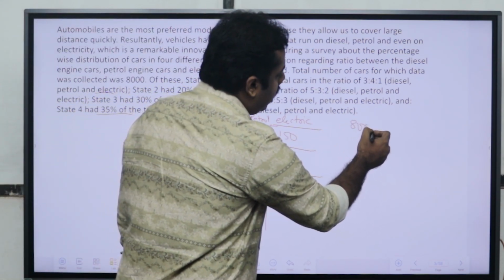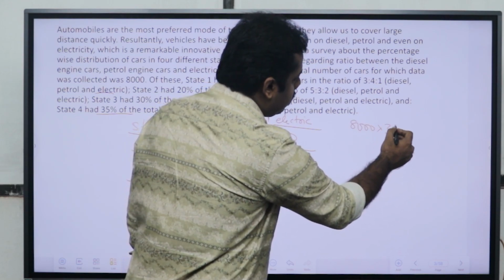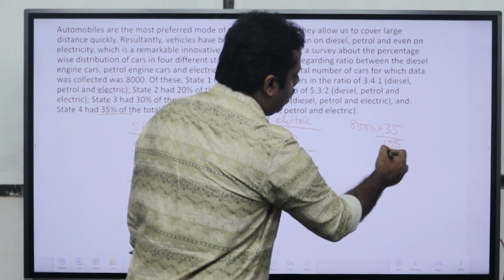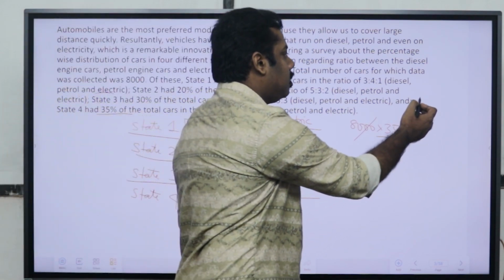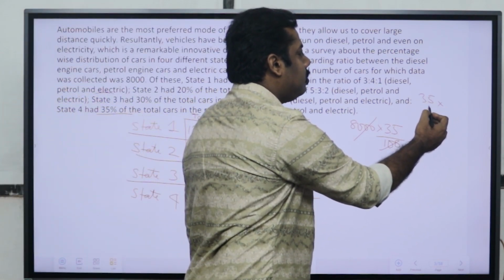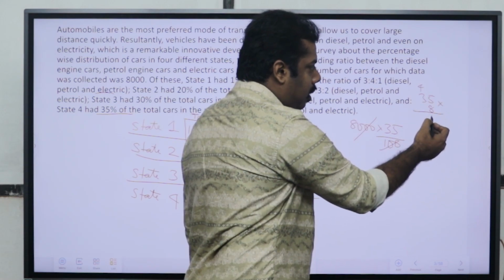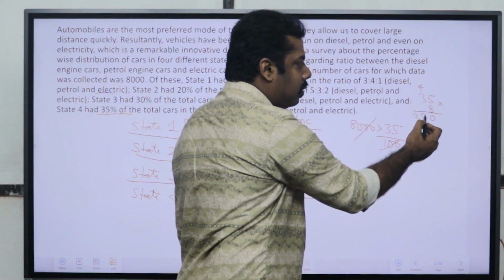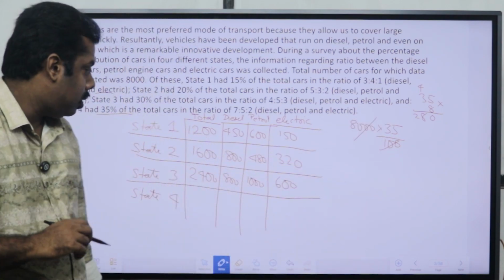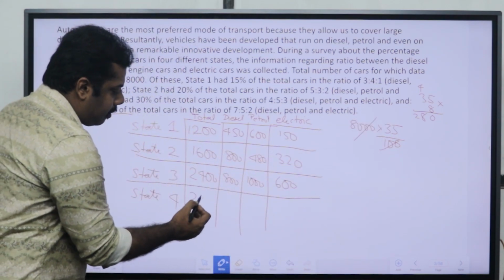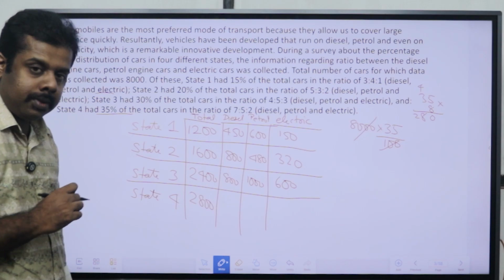And 35% of 8,000 is what? Cancelling out the 100, 35 into 8. 8 5s is 40, 24 plus 4 is going to give us 28. We have a 10 as well, so 2,800 is the total number of cars of state 4.